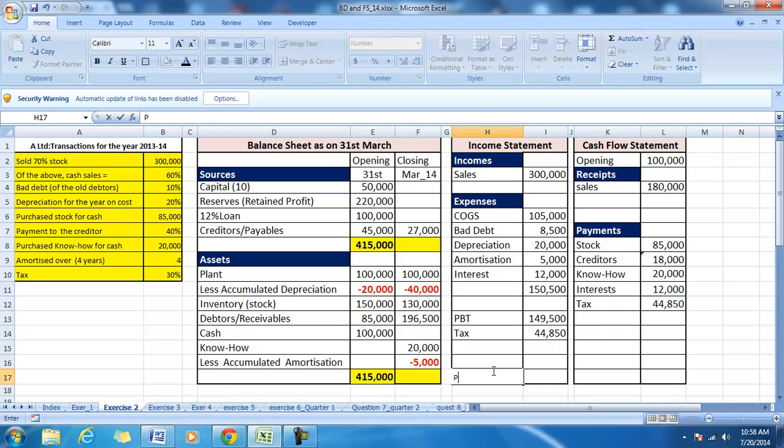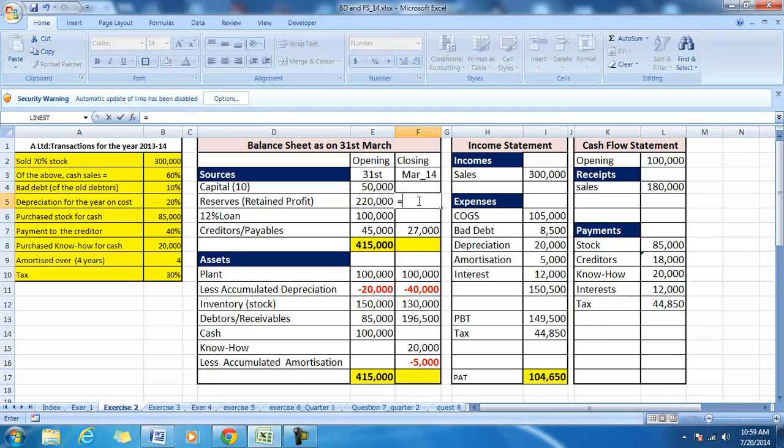and profit after tax is money belonging to the shareholders or the owners of the company. So profit here is 104,650, and this profit the management may decide to distribute or to retain.